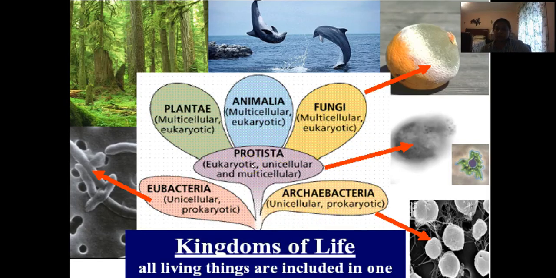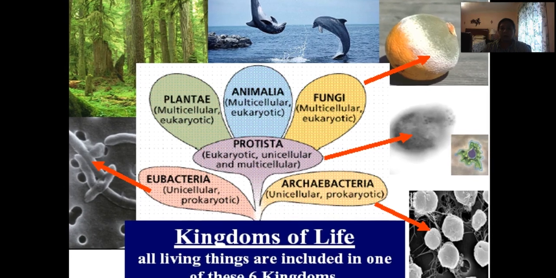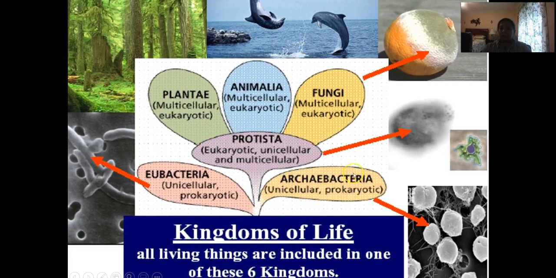So life on Earth is divided into different categories, and we can categorize the life on Earth into these individual settings. These are called kingdoms. If we were to look at all the kingdoms that are present within life or living systems, there are six kingdoms of life.